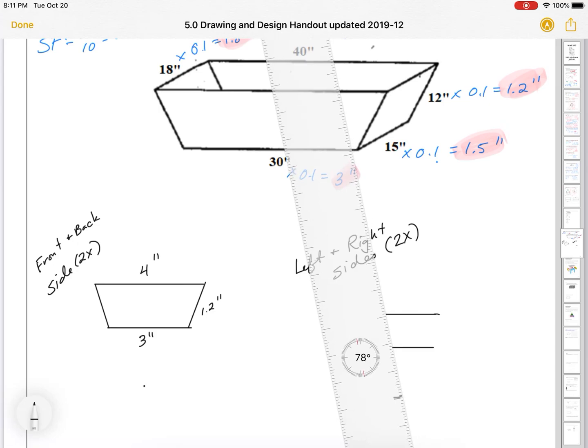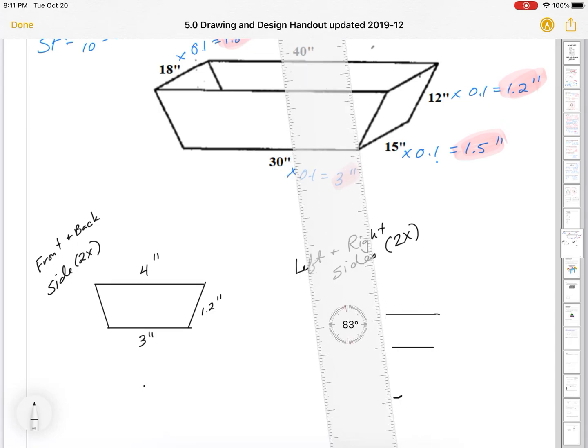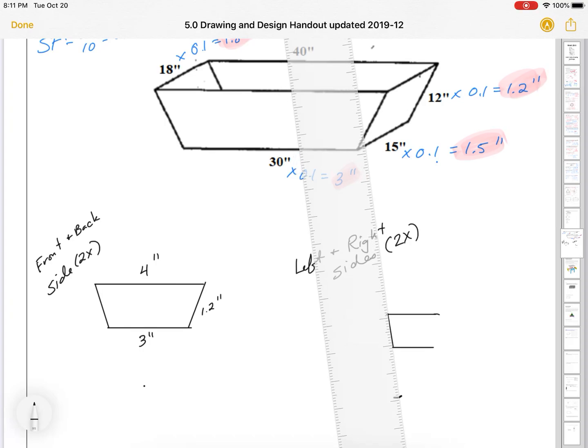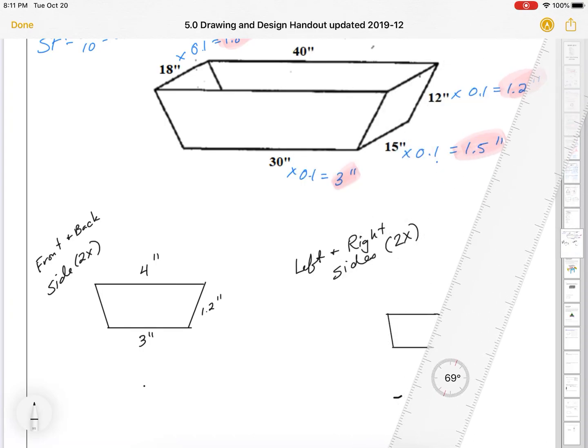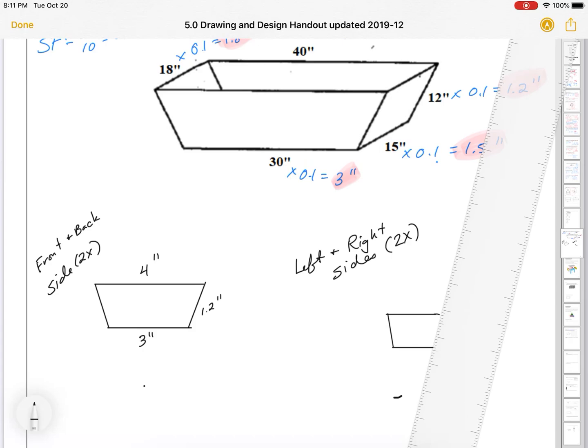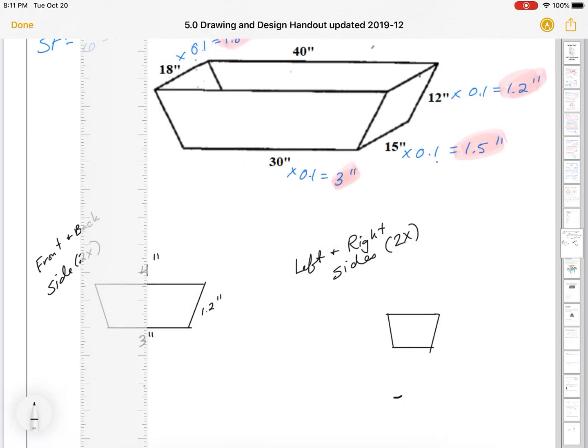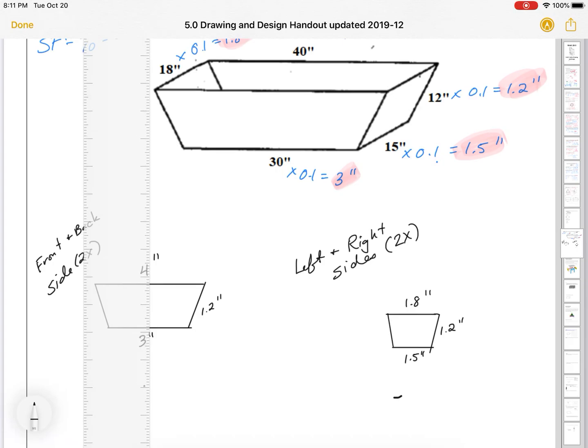And our sides are 1.2, our slant heights. Okay, so they're a little smaller. It's wider than it is deep. So looking at our measurements, we have 1.2 inches, we have 1.8 inches, and we have 1.5 inches at the bottom. We have 2 of those.